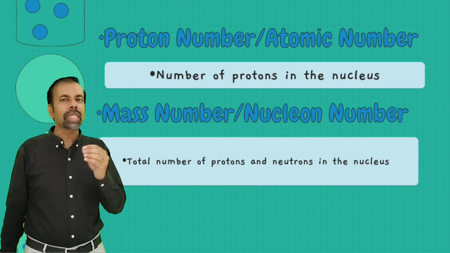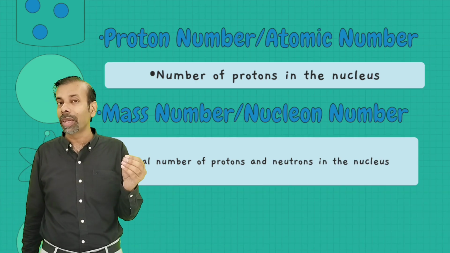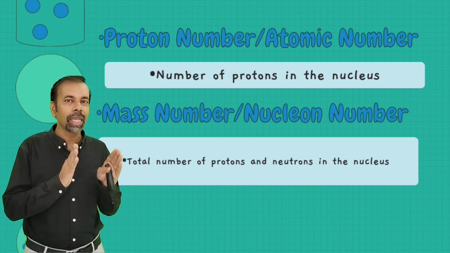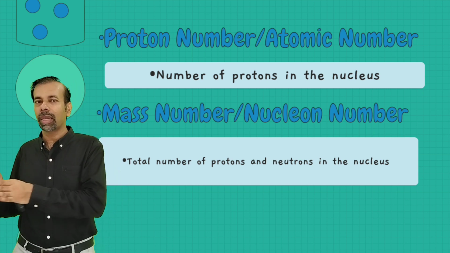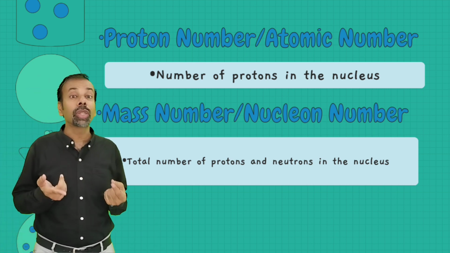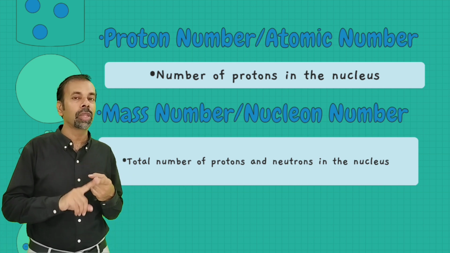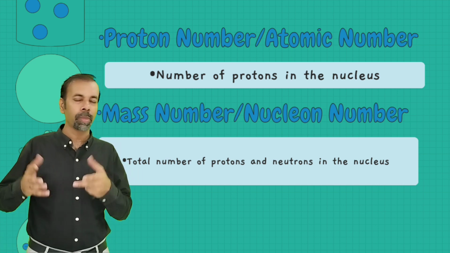Every atom is given a specific number that is called its proton number. Now, what is proton number? Proton number is the number of protons in the nucleus of an atom. Like hydrogen. Hydrogen has only one proton in its nucleus, so its proton number is 1. It is also called atomic number, atomic number or proton number.